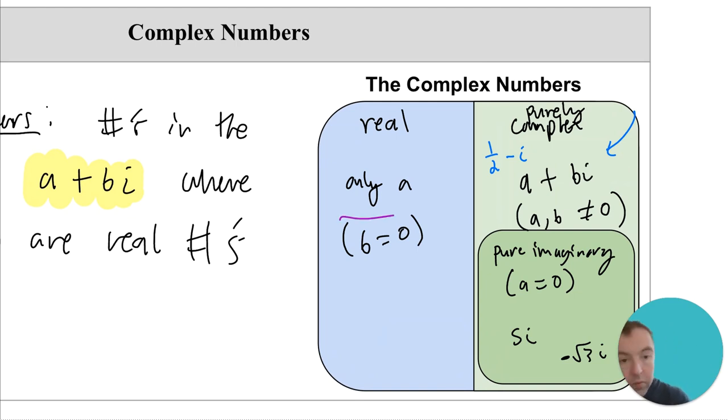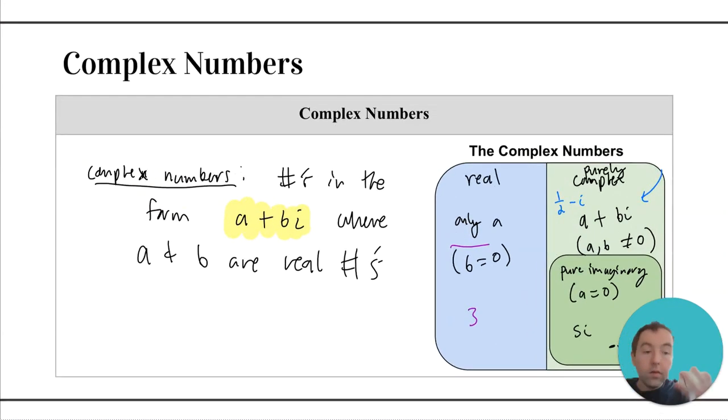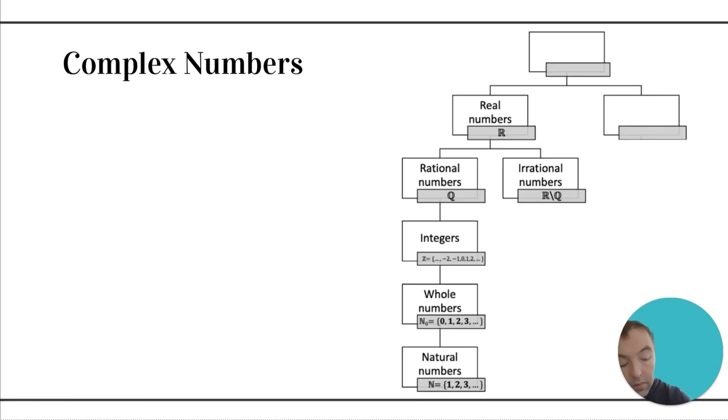And then, for real numbers, there's just got to be like 3 or something, right? That doesn't have an i with it. So in general, complex numbers are numbers that include all of the real numbers with them, but also the possibility that we could be plusing or minusing some other imaginary component to it.